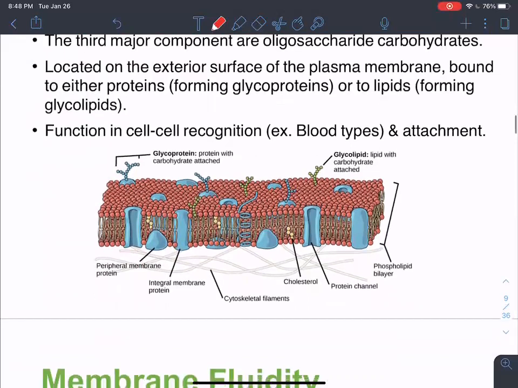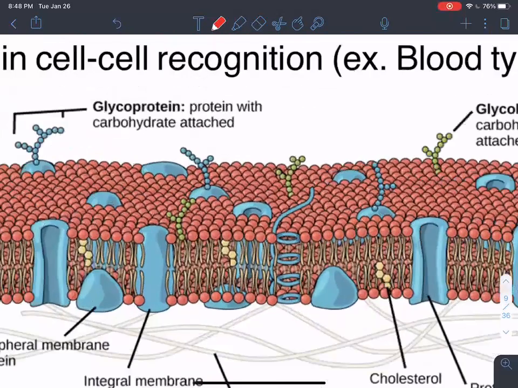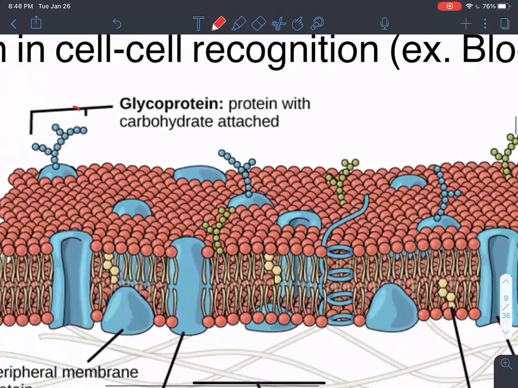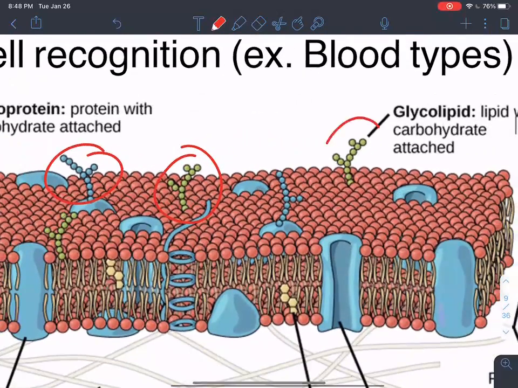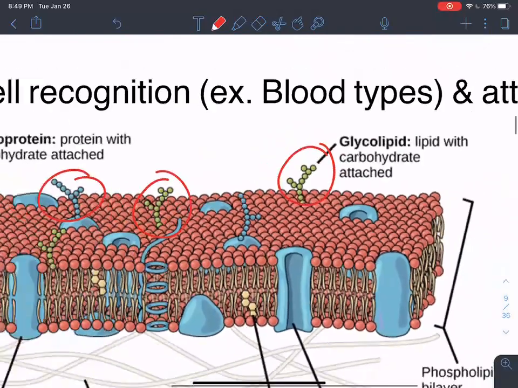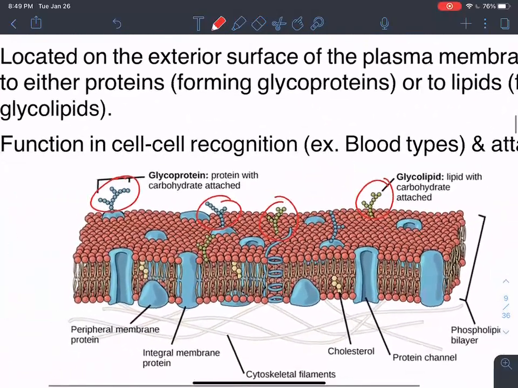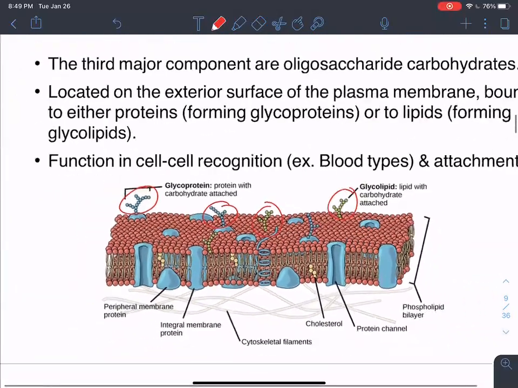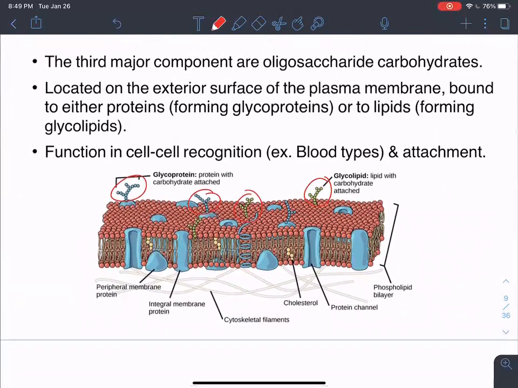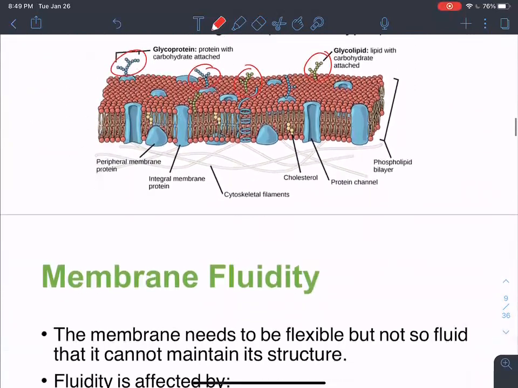This is like your blood type: A positive, B positive, AB negative, all that. These right in here are glycolipids that are in yellow. They're going to be necessary for cell-to-cell recognition and attachment as well. So that's what these carbohydrates do.